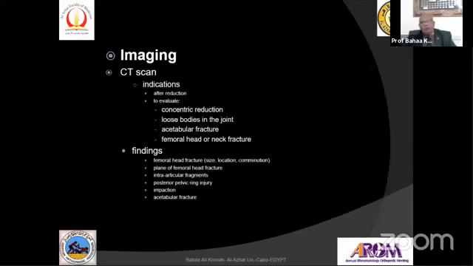From the imaging, also use other modalities. The CT scan after reduction is very important to evaluate the concentric reduction, whether it is reduced or not, loose bodies in the joint, acetabulum fracture, femoral head or neck fracture after reducing.